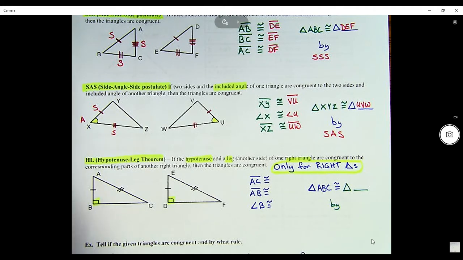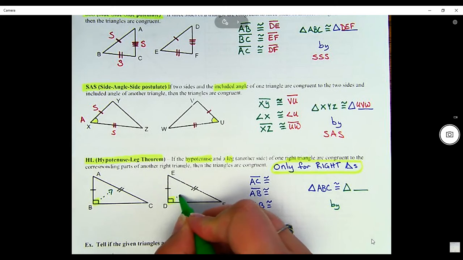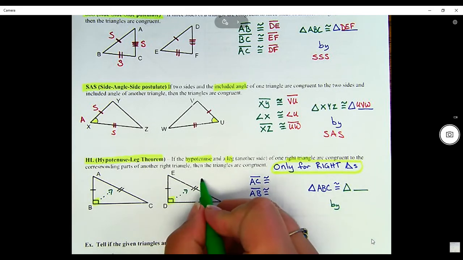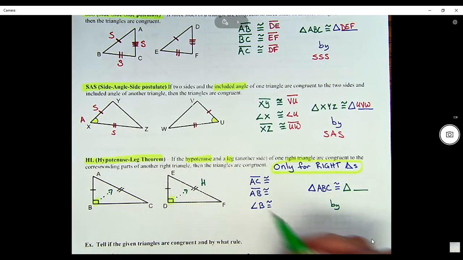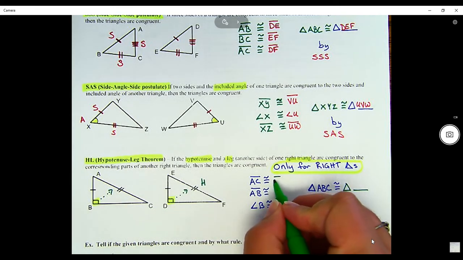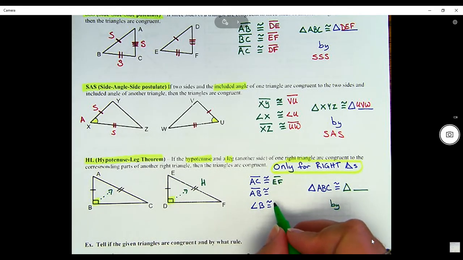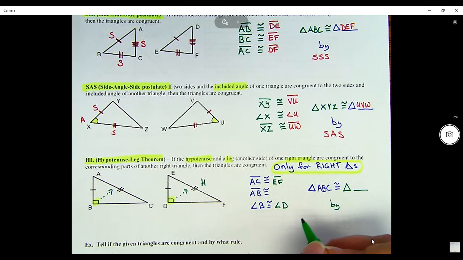What's nice right here is that across from the right angle, we have a set of hypotenuses that are congruent. So AC is congruent to EF. And of course, those right angles are the same. So we have angle B congruent to angle D, and I'm only writing that down because I need to know that that is a right angle.